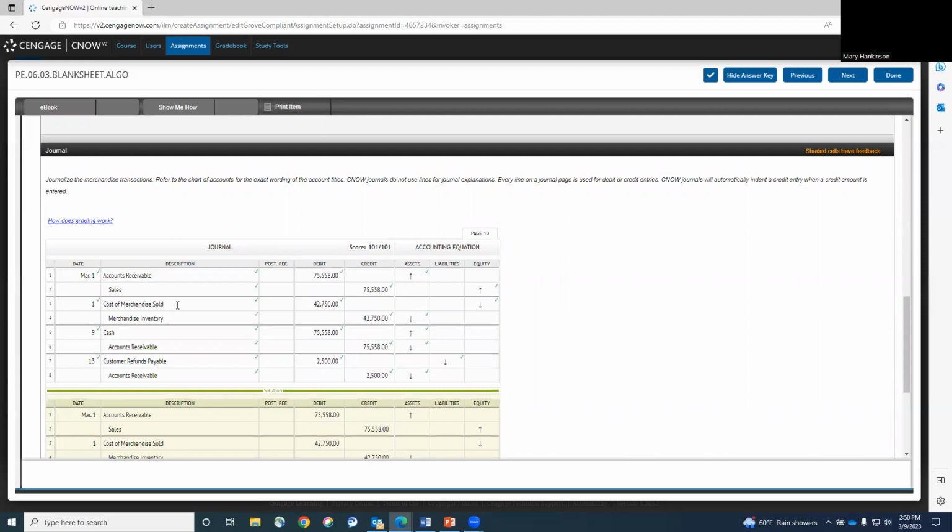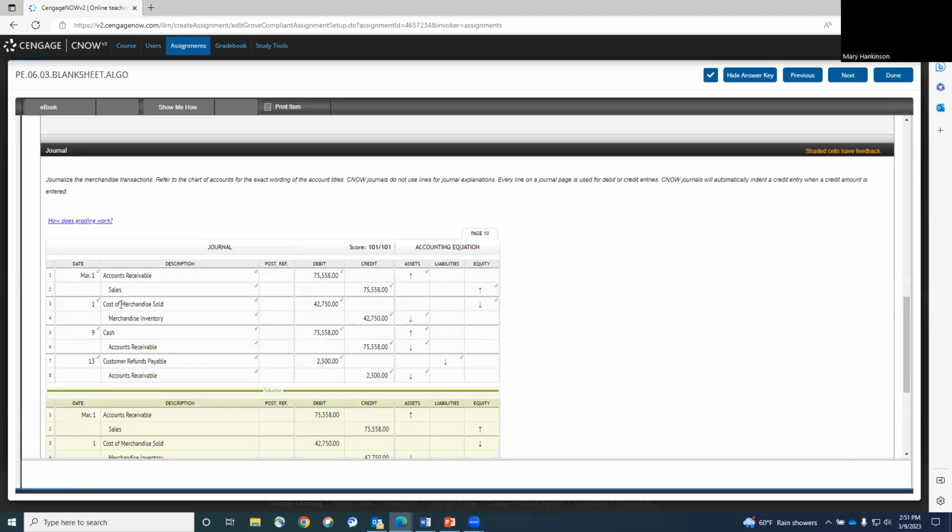Cost of merchandise sold is an expense account, so we are going to debit the cost of merchandise sold for the $42,750. We also have to update our inventory. So we just sold that inventory, so we no longer have that inventory on hand. So we now need to reduce our merchandise inventory account. And merchandise inventory is an asset account. So to reduce an asset account, we are going to credit the account.